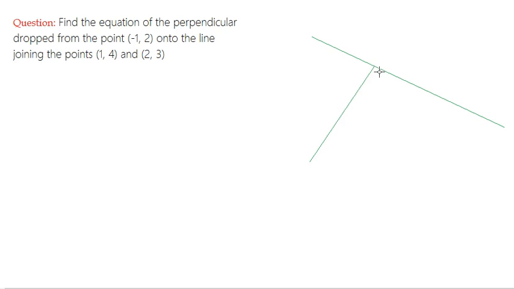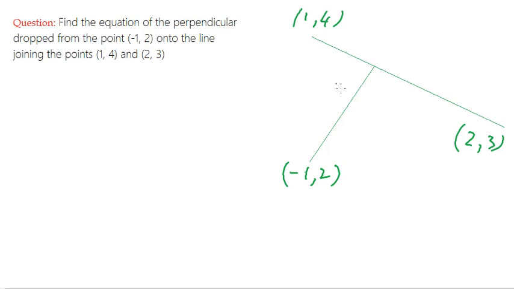Let's just roughly pretend that this is the case. So let's say this is 1, 4 and this is 2, 3, and this perpendicular is dropped onto that line from -1, 2.